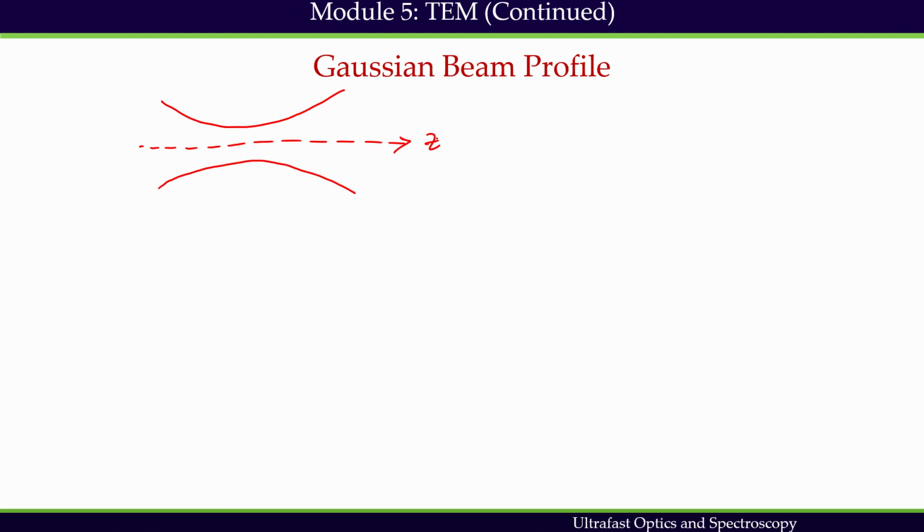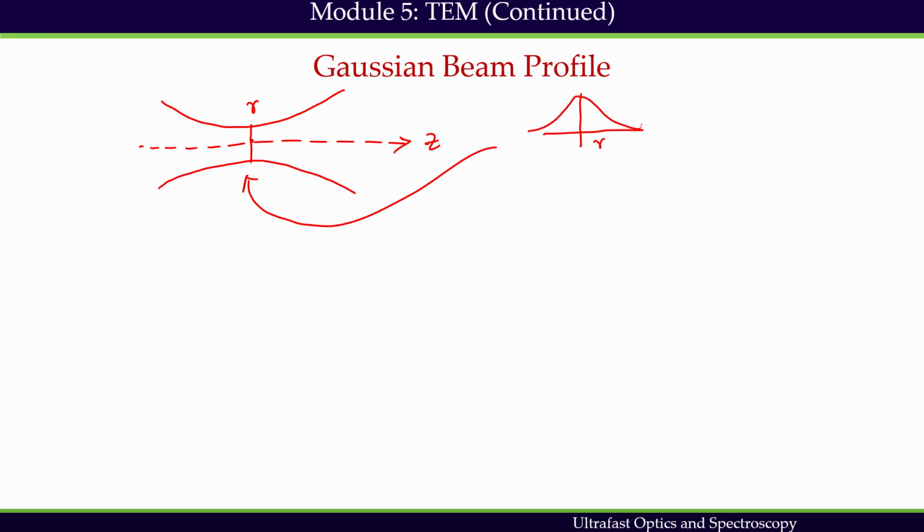We said that at this point, this is R, and we can express this intensity variation in this cross-sectional area as a function of R, or X, one can say X also.